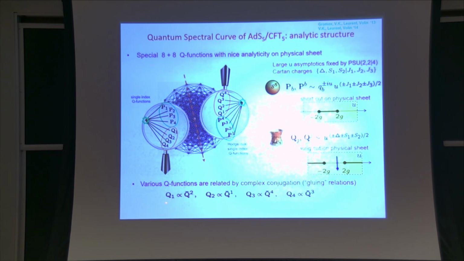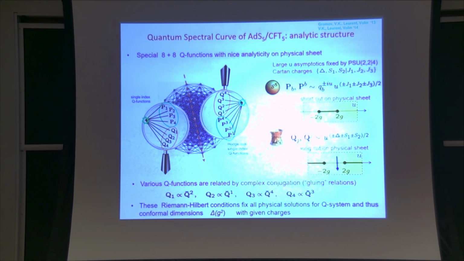For example, Q1, these functions, to the complex conjugate of those functions. Q1 is related to Q2 with upper index, so Hodge dual bar, etc. A couple of these relations are enough to fix everything, even not all of them. And that's it. This is the formulation of the spectral problem in N=4 Yang-Mills, even gamma-deformed.